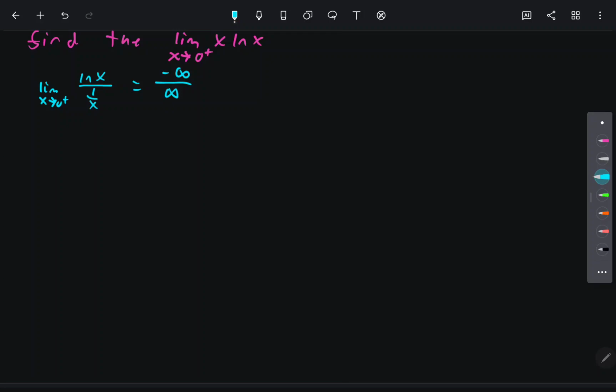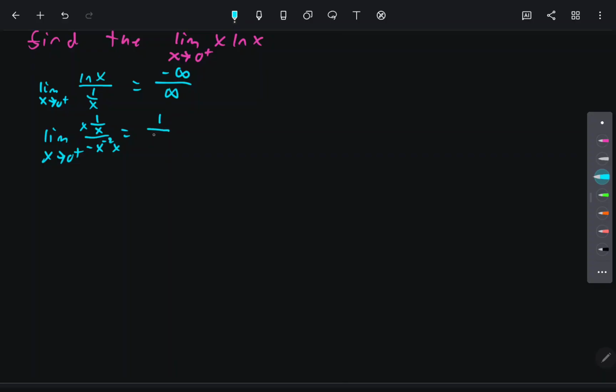So now what we're going to do is we're going to take the derivative of the top and bottom, or apply L'Hopital's rule. So we get 1 over x divided by negative x to the negative 2 power. So, how does this help us? So what we're going to do now is we're going to multiply the top and bottom by x.